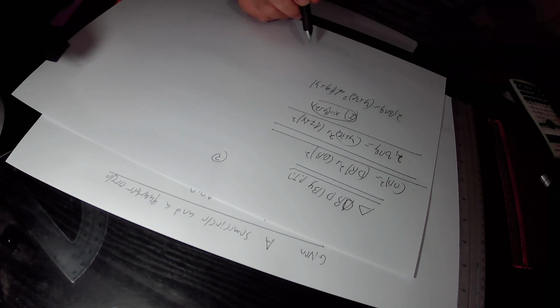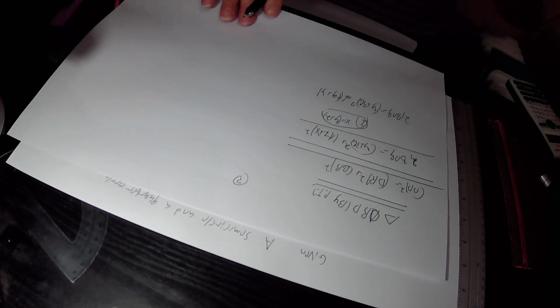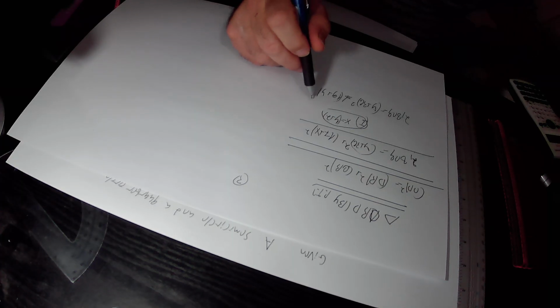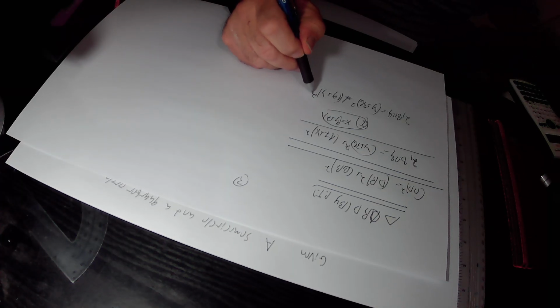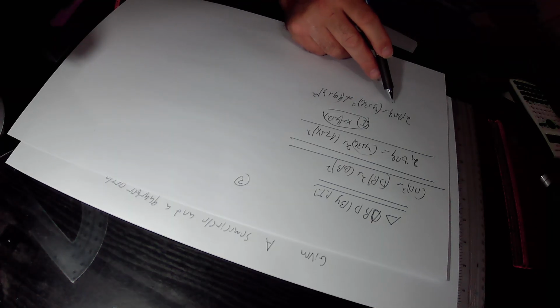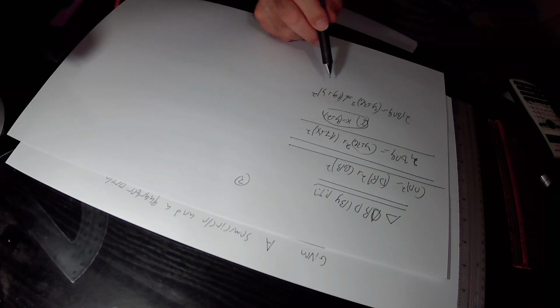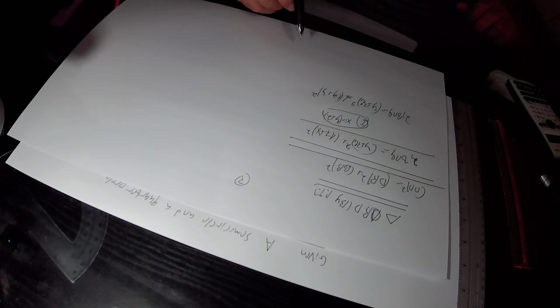So in total, we found out that 2,809 equals (y plus 36) squared plus (y plus 19) squared. Again, 2,809 equals (y plus 36) squared plus (19 plus y) squared.